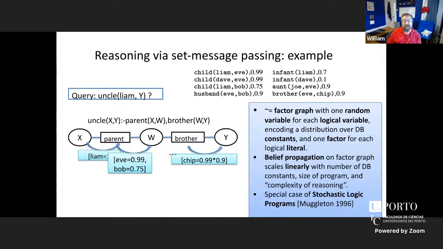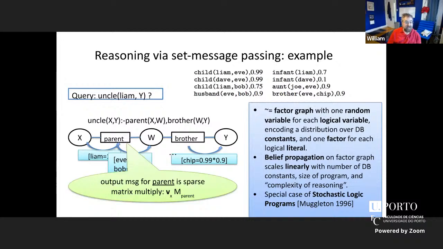There are some pros and cons. One disadvantage is it only works for certain types of programs. In particular, it only works for binary predicates. It turns out to be a special case of something much older, stochastic logic programs, but it's a nice special case because the process of propagating and altering these sets is a linear operation, not in terms of time complexity, but linear in terms of matrix algebra.